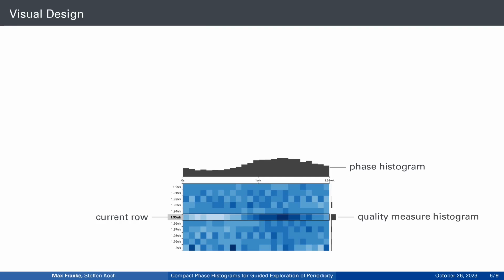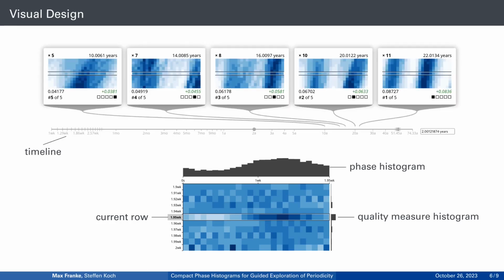On the right side, a vertical histogram indicates the calculated quality measure for each row, so we can quickly see interesting rows. Besides the widget, users can select a different period length quickly from the timeline. Here, suggestions based on the quality measures are also shown.